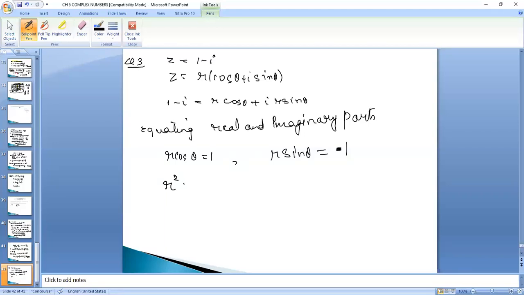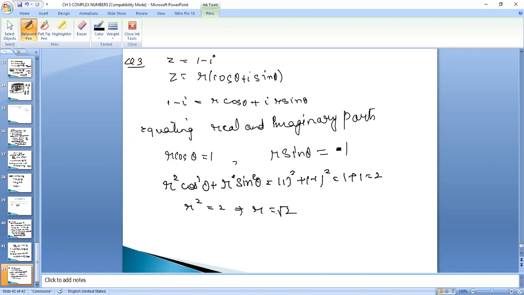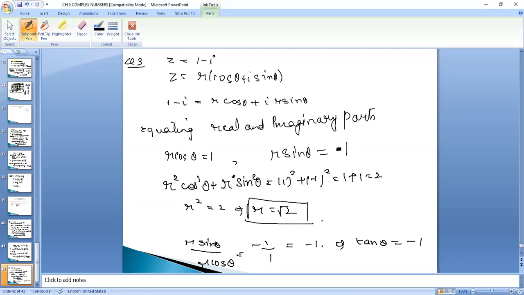Then r square cos square theta, minus 1.